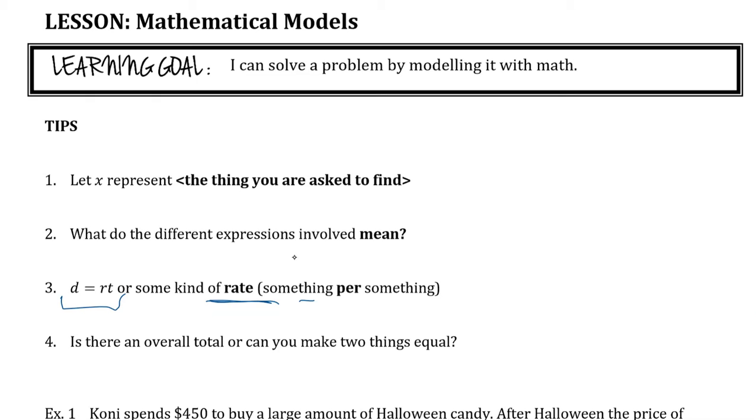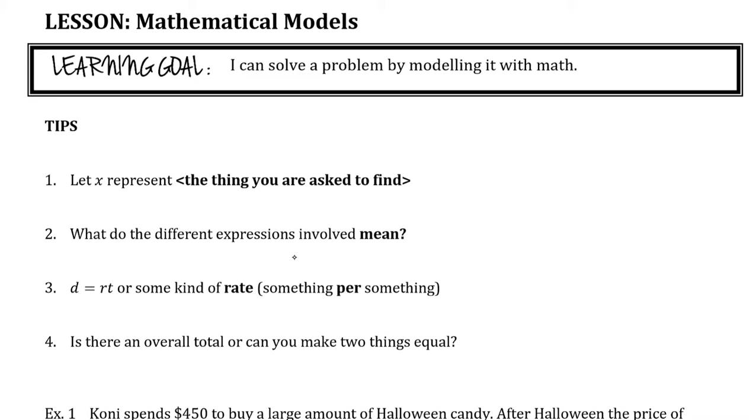It's something per something. Right? That's what a rate is. And if you can think of it as something per something, and then you think, so now I know what that is, then you can start to build more relationships from the question in order to develop an equation to solve.